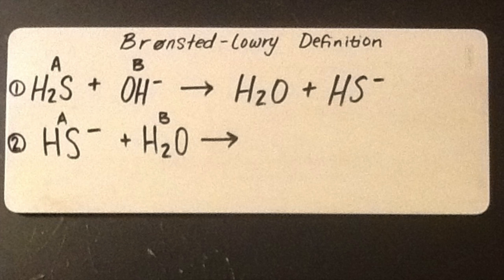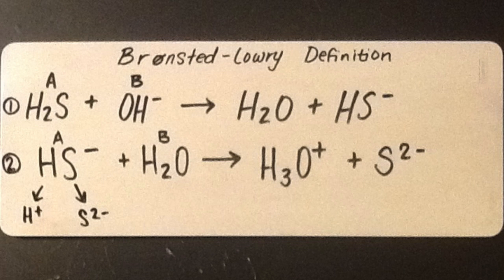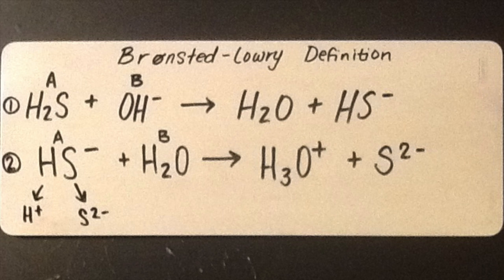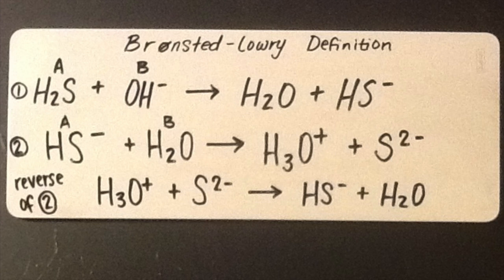Okay, so HS minus is going to break up into that last H plus and S2 minus, just like the sulfide ion, all right, and it's going to donate that H plus to water. So now this time, again, when water gets H plus, it's going to become that hydronium ion, H3O plus, and sulfide is left over, S2 minus. So you can kind of see what that looks like when you have 2 steps.